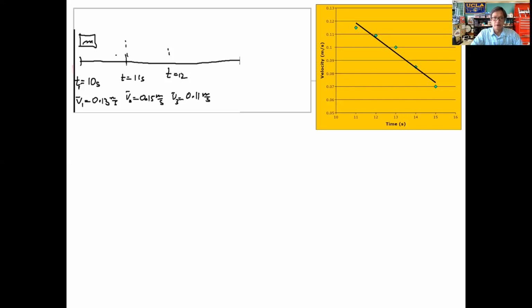Okay. So we left off with the problem that asked you to find the velocity, I'm sorry, the acceleration of this toy car, as represented in this graph. Let's quickly review what we have here.